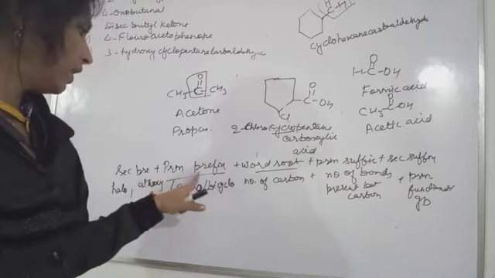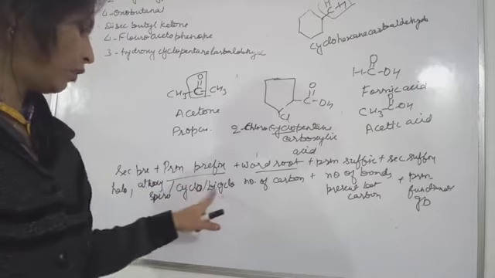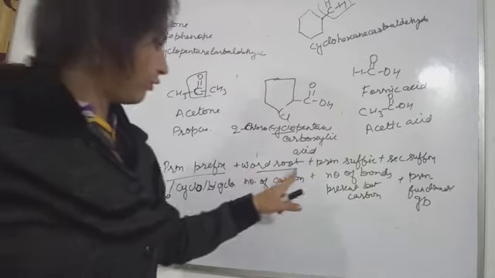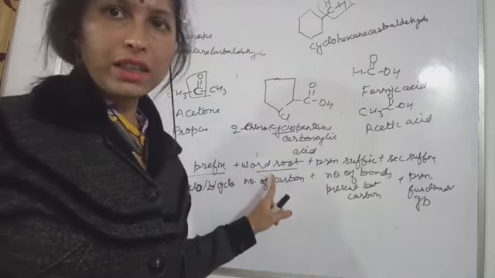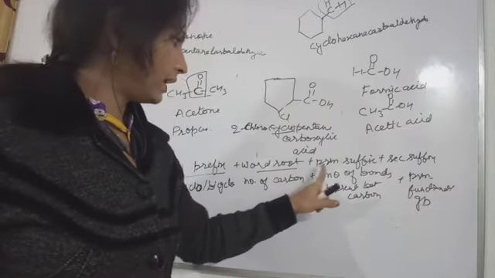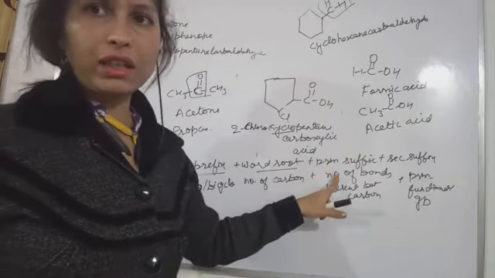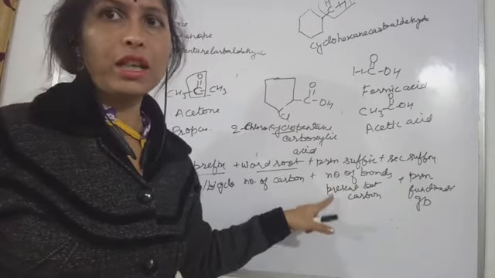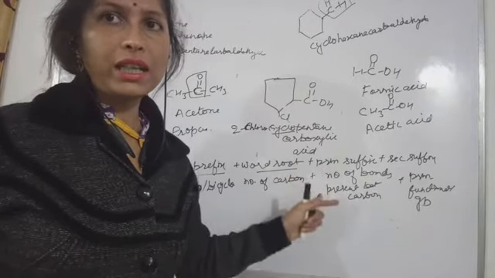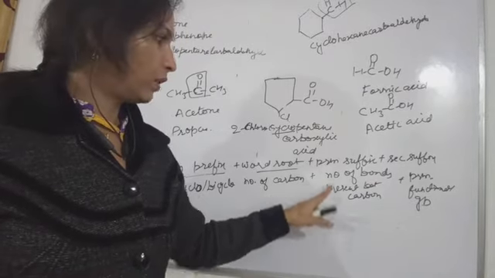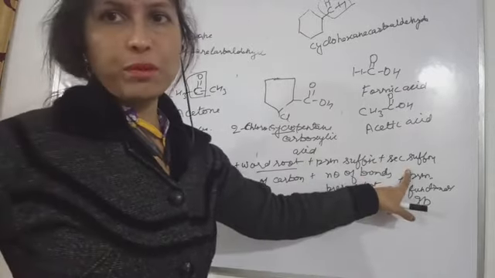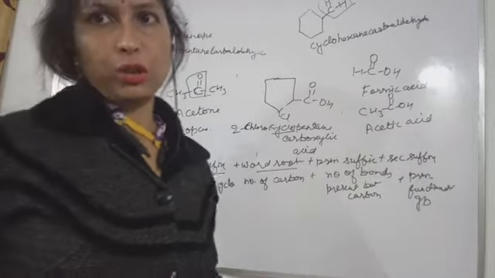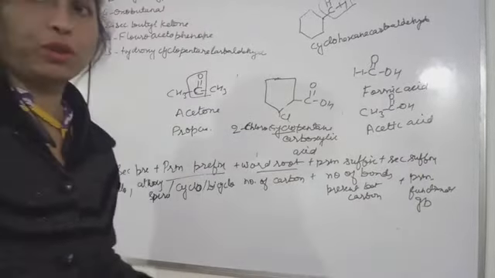Next, the primary prefix: cyclo, bicyclo, spiro. The number of carbons present in the parent chain tells you the word root. Then the primary suffix tells you the number of bonds between the carbon atoms: single bond, ane; double bond, ene; triple bond, yne. And the secondary suffix will be in accord with the primary, main functional group.